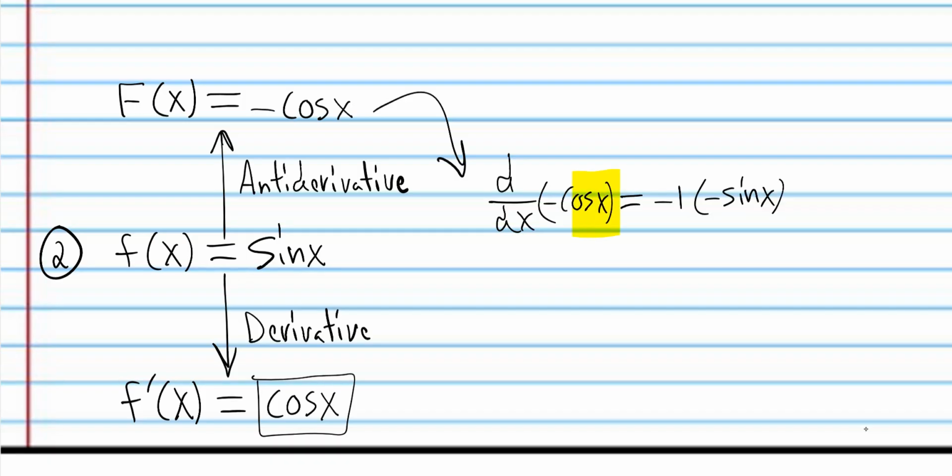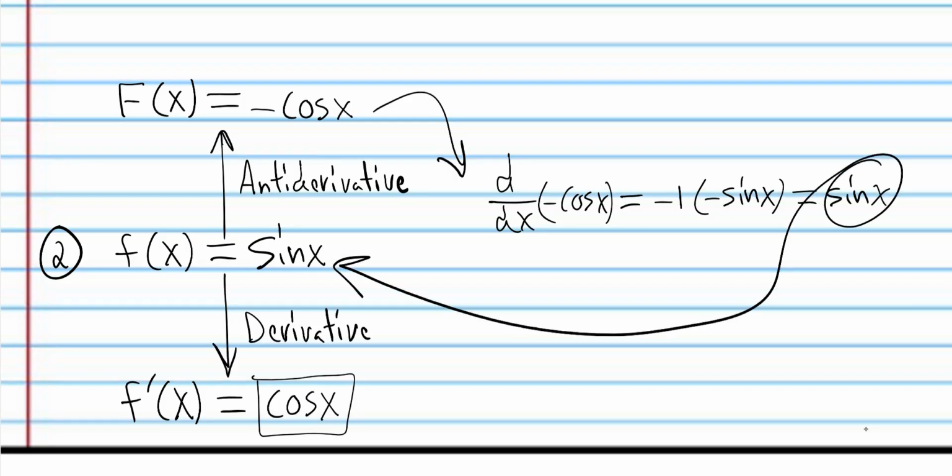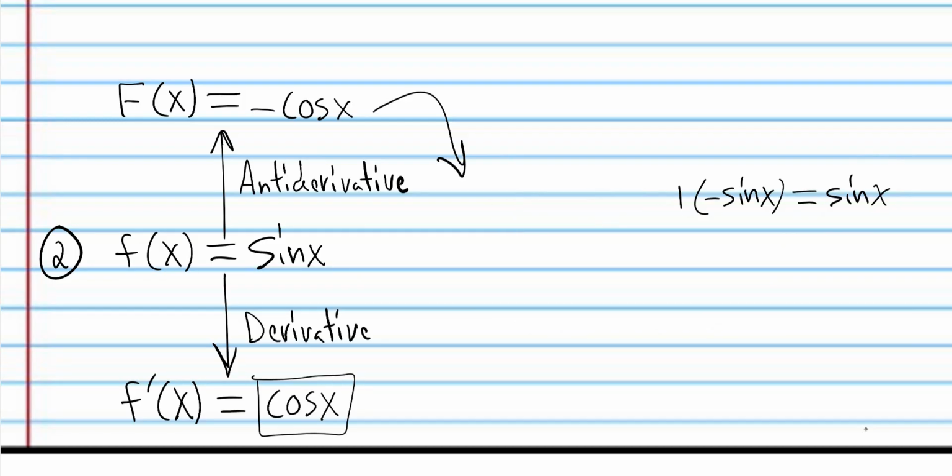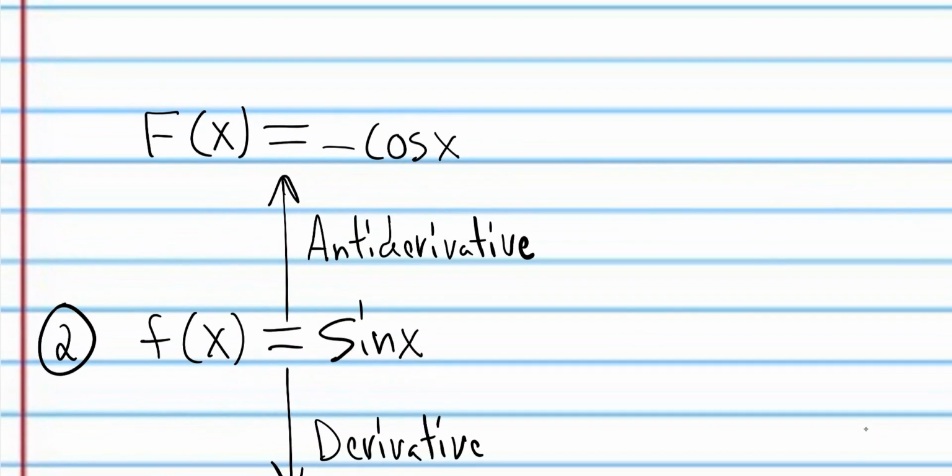Again, the derivative of cosine x is negative sine x. So the negatives, when we multiply them together, we get sine x, and that's exactly what we're looking for. So this is not that difficult, but it does take some modifications to find the right antiderivative. So let me rewrite that. That's negative cosine x.